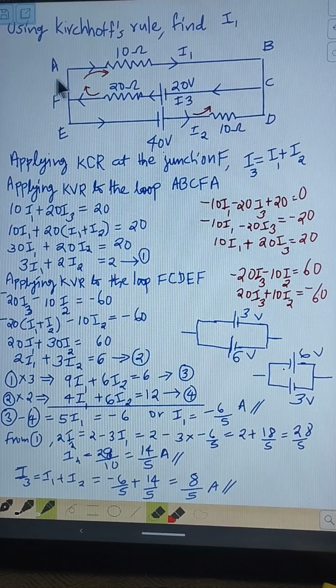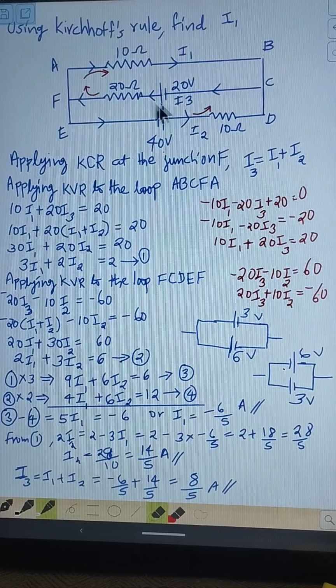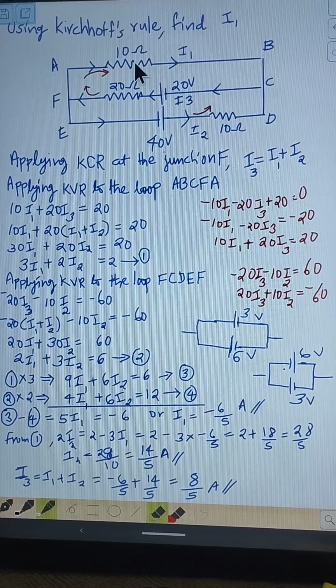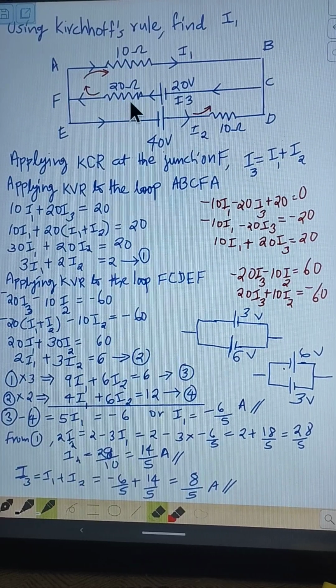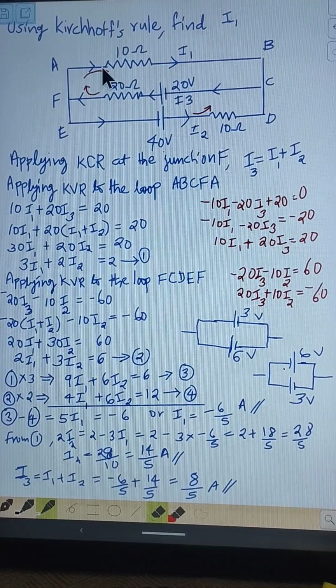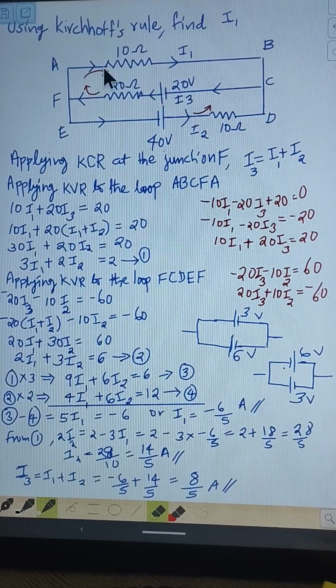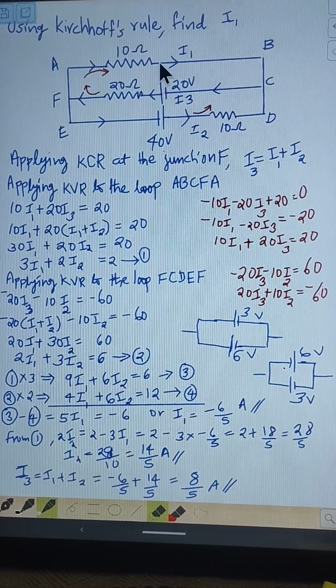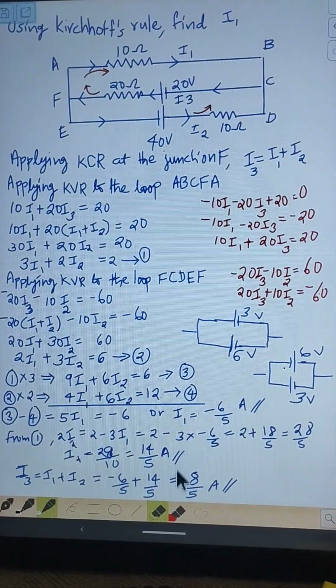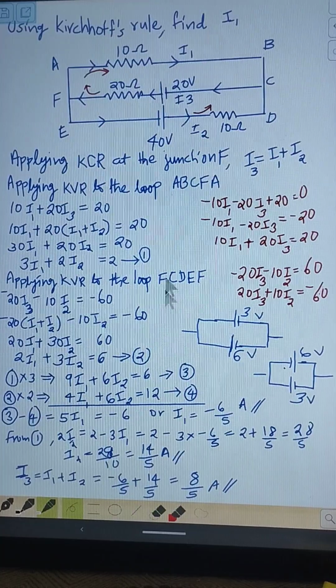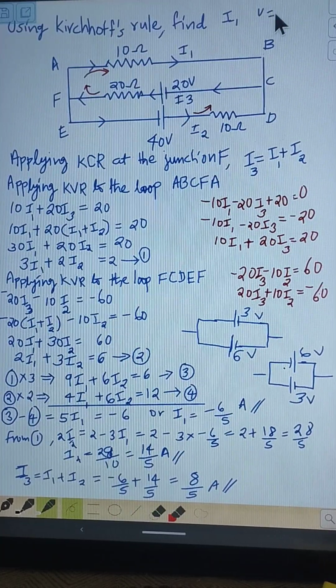Now when we are considering this closed loop, we can find three devices, two resistors and one cell. We know when a current is passing through a device, a potential will be developed. According to Ohm's law, potential V is equal to I into R. Potential is the product of current and resistance.